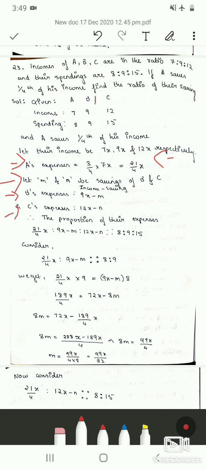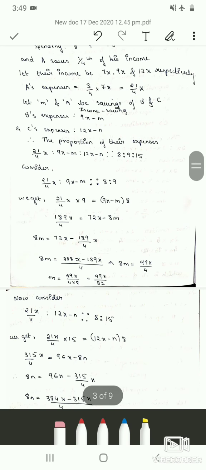C's income is 12x, so therefore 12x minus N. So just like the previous problem, again let us take the proportion of their expenditure. So we got expenditure of A as 21/4 x is to expenditure of B, which is 9x minus M, and expenditure of C is 12x minus N, as 8:9:15, which is given in the question.